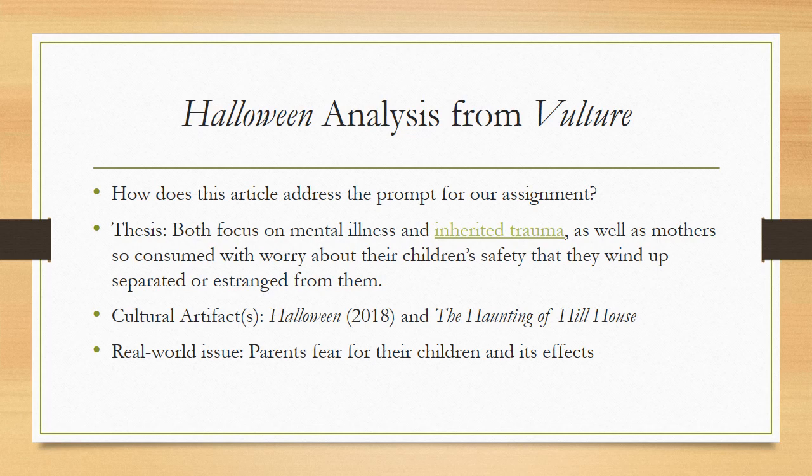And that's the argument the author makes, that we have to find a balance, right? Caring for our children, but not in a way that pushes them away. And even though the danger is real in these movies because they're horror movies, you do see that effect of pushing too hard for our children's safety.